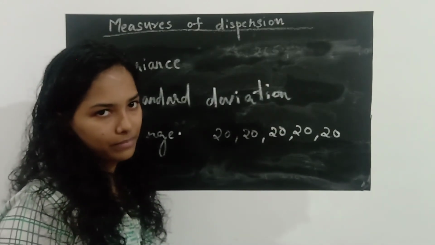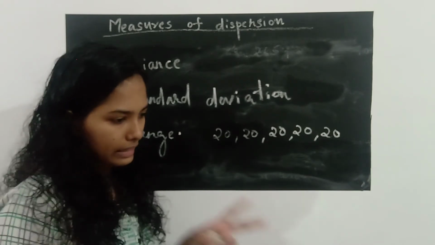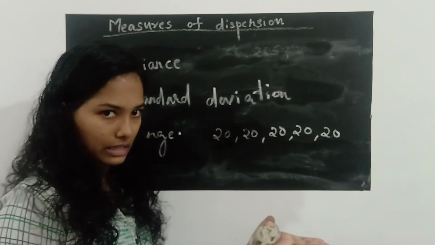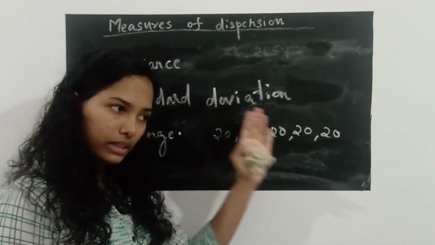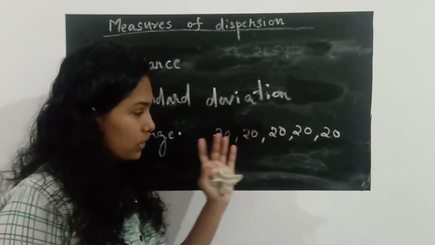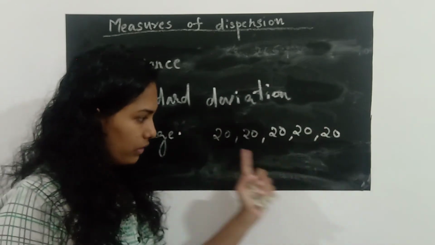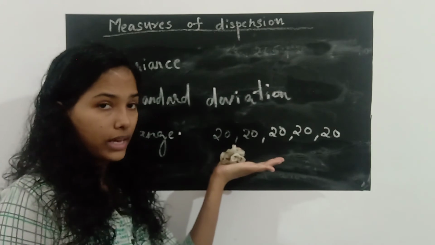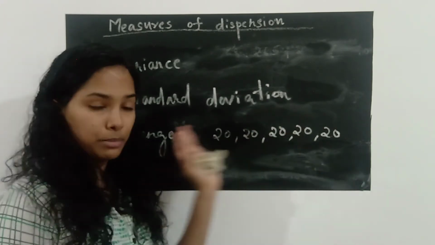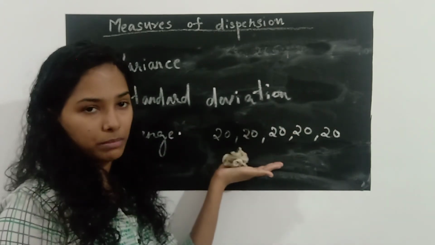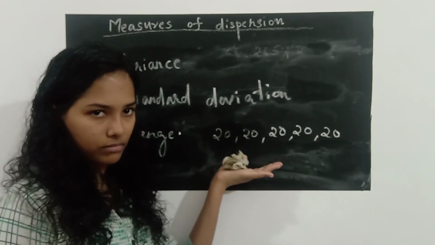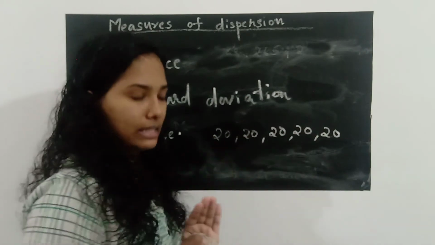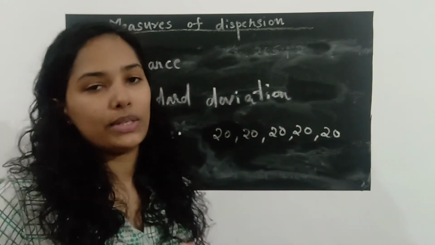We said that dispersion has two meanings in the statistical sense. The first one is how they diverge among themselves. With an increase in dispersion or scattering, the value of dispersion will increase. Or, from the given data items, an average value is calculated.